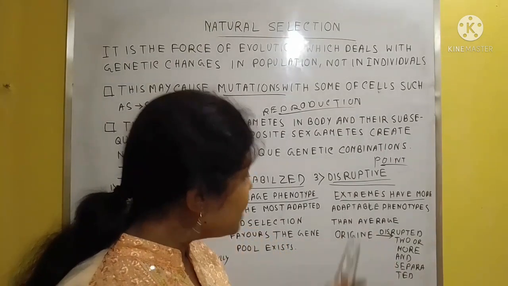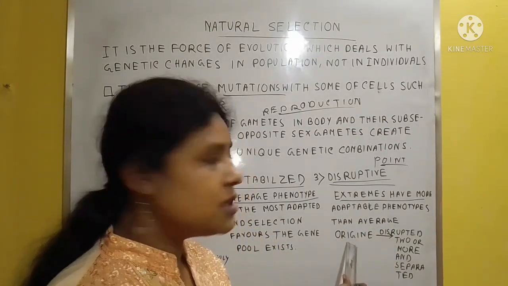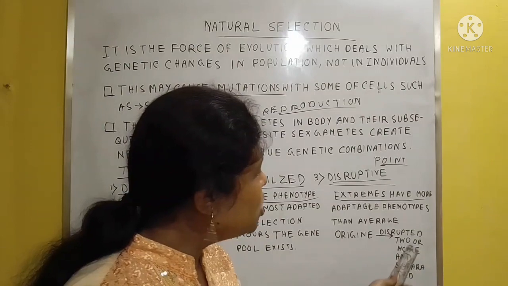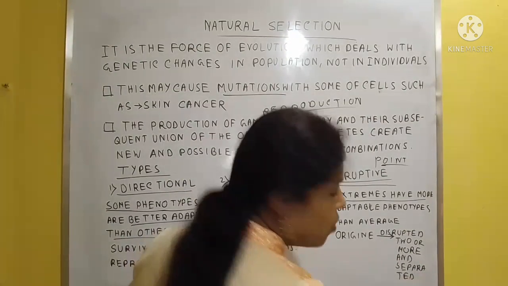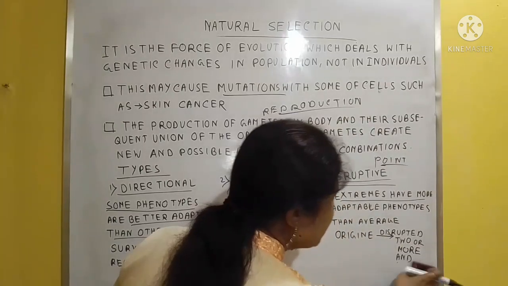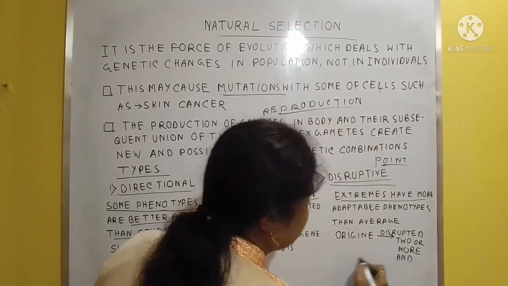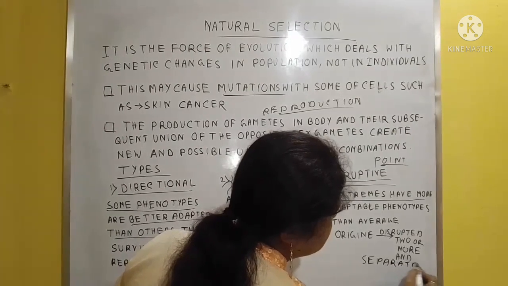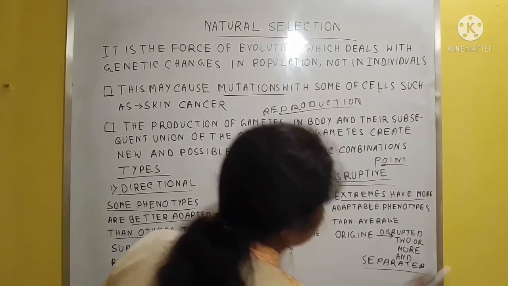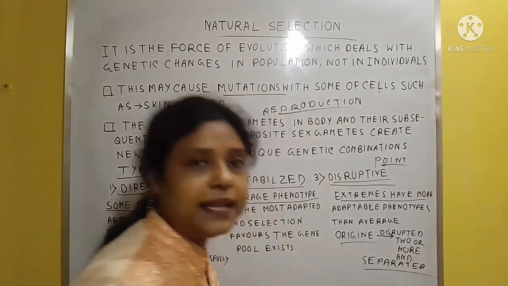In that situation, the original species is disrupted into two or more species and they are totally separated from the original species. Clear?